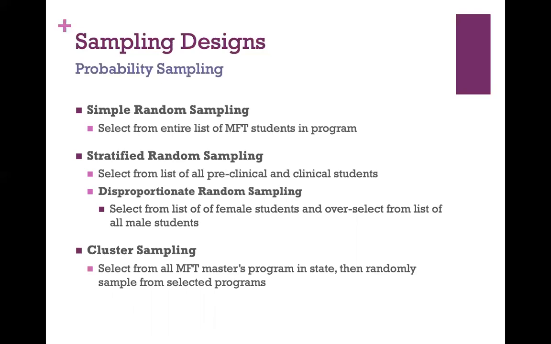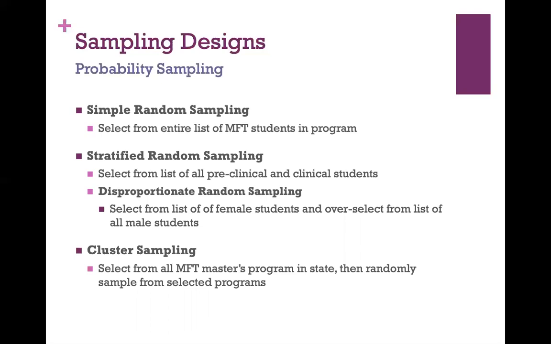Now, in stratified random sampling, the population is divided into meaningful groups or levels, and then you randomly sample from each of those groups. Let's say I wanted equal representation from preclinical and clinical students. Then I could create a complete list of preclinical students, a complete list of clinical students, and then I would randomly sample from both of those lists until I had a sample that was half and half.